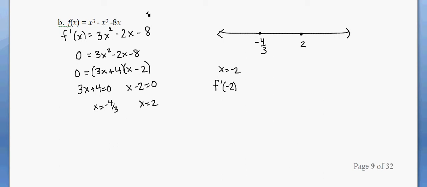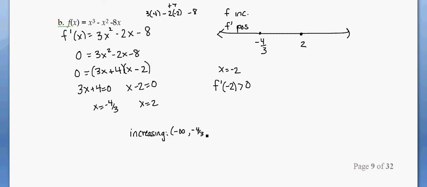So I get 3 times a positive 4, minus 2 times negative 2, that's going to be a positive 4, and then minus 8. So 12 plus 4 minus 8, that's positive. So the derivative is positive, which tells me that the function is increasing from negative infinity to negative 4/3.